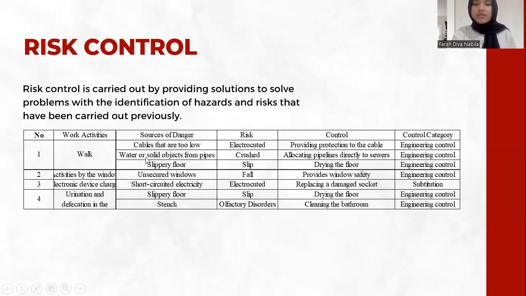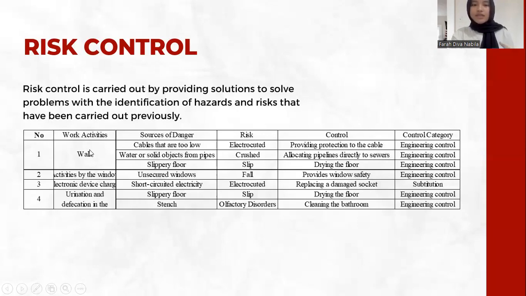For the source of danger water or solid objects from the pipe, the control is channeling the pipe directly to the sewers, and the control category is engineering control. The third source of danger is a slippery floor, with the risk being slipping. The control is drying the floor, and the control category is engineering control.